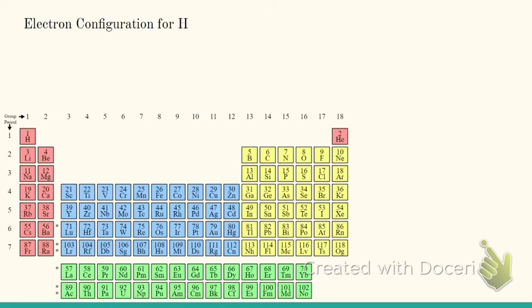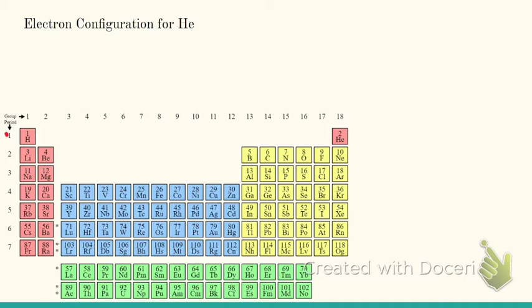All right, so let's take a look at another example. Let's take a look at He. As always, we're going to start at the beginning, at row 1. We're starting at row 1 right here.